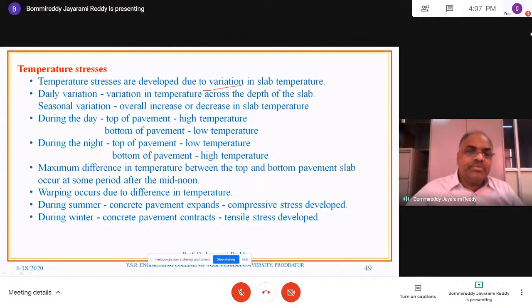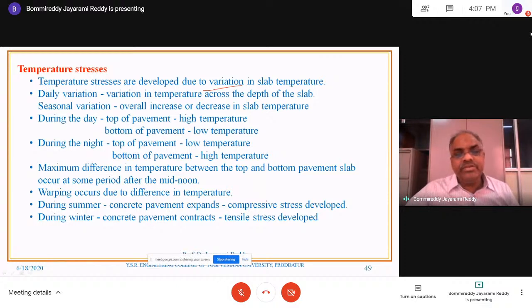So at the bottom of the slab one temperature, at the top of the slab another temperature. Sometimes the temperature may be uniform from bottom to top also at a certain point of time. But in general, the variation will be there from bottom to the top. And normally we can call it daily variation.